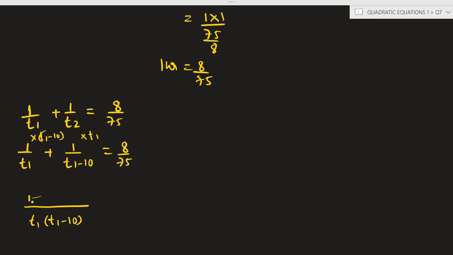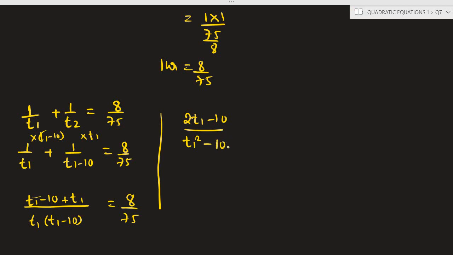What happens? T1 minus 10 plus T1 is equal to 8 divided by 75. You cross multiply this. What happens? T1 plus T1, that is 2T1 minus 10, whole divided by T1 square minus 10 T1 is equal to 8 divided by 75. You multiply this.